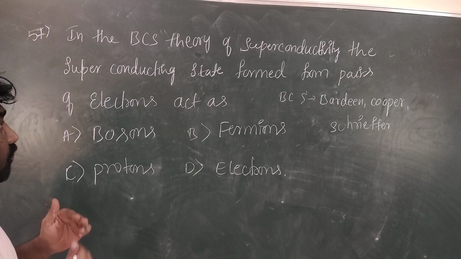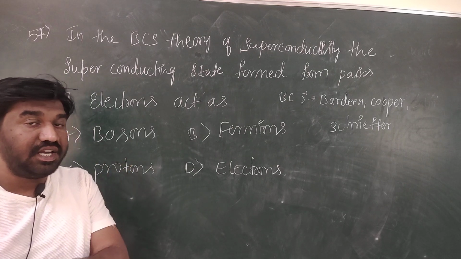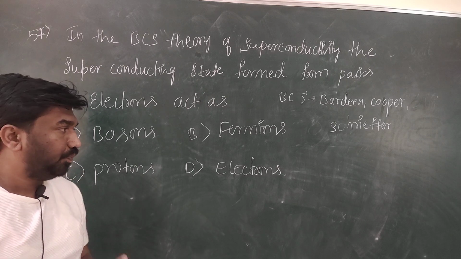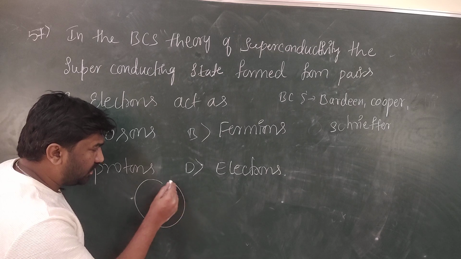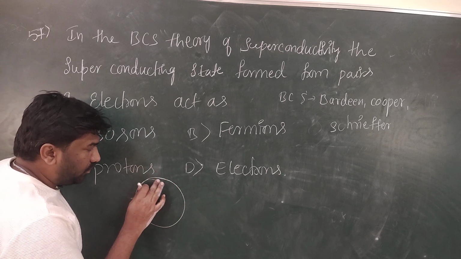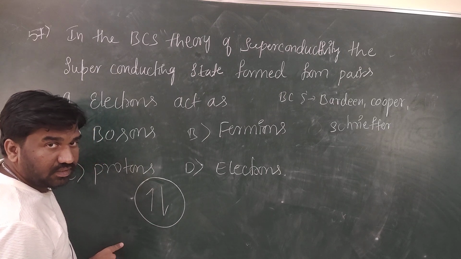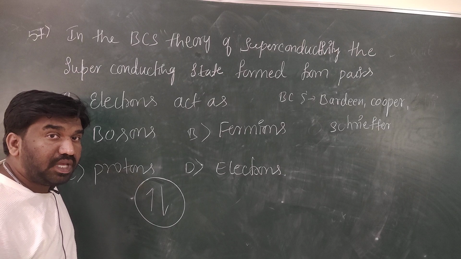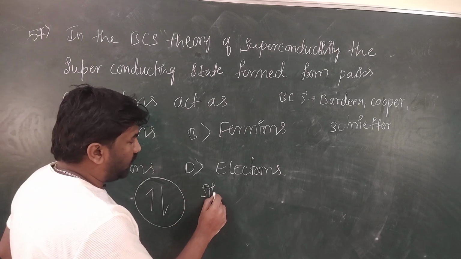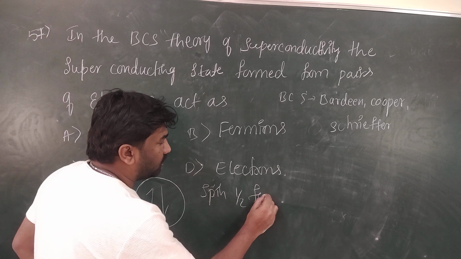That means if 2 electrons are paired, what is the resultant of the system? Let us consider this is the system. If we have 2 electrons like this, we know that electrons are spin 1 by 2 fermions.